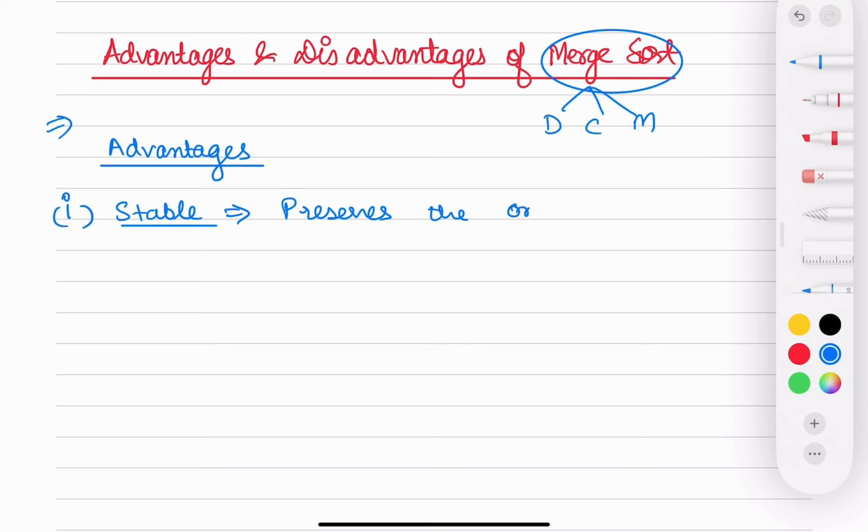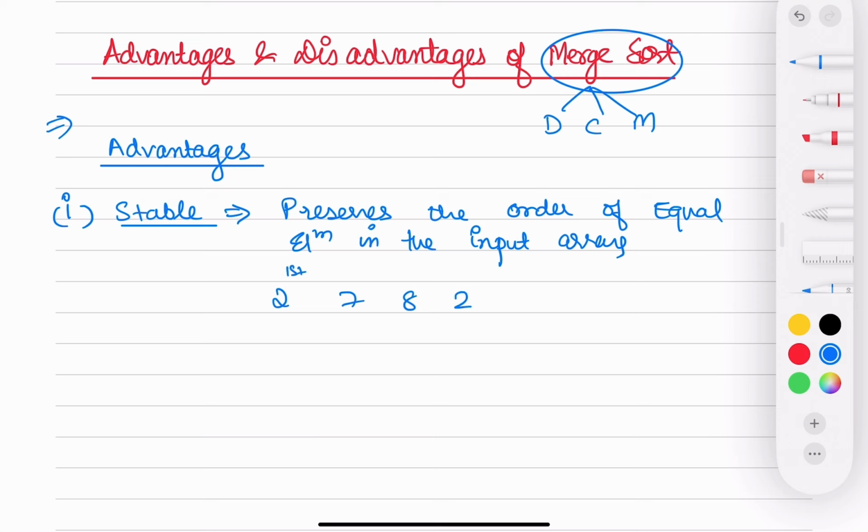For example, you have 2, 7, 8, 2. This is your first 2, this is your second 2. When you sort, you will get the first 2, then the second 2. So that order is maintained. That is called a stable algorithm.